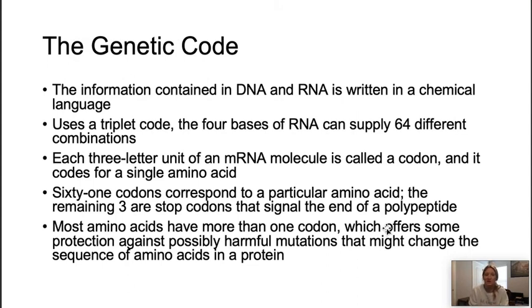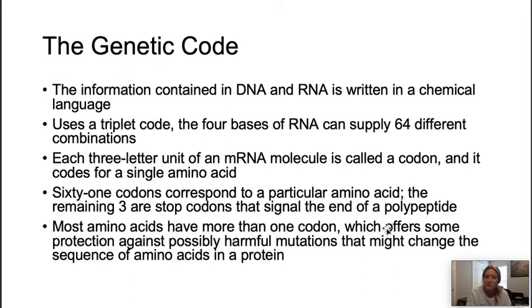So your genetic code. The information contained in DNA and RNA is written in a chemical language. This is a triplet code, in which the 4 bases of RNA can supply 64 different combinations. Each 3-letter unit of an mRNA molecule is called a codon, and it codes for a single amino acid.